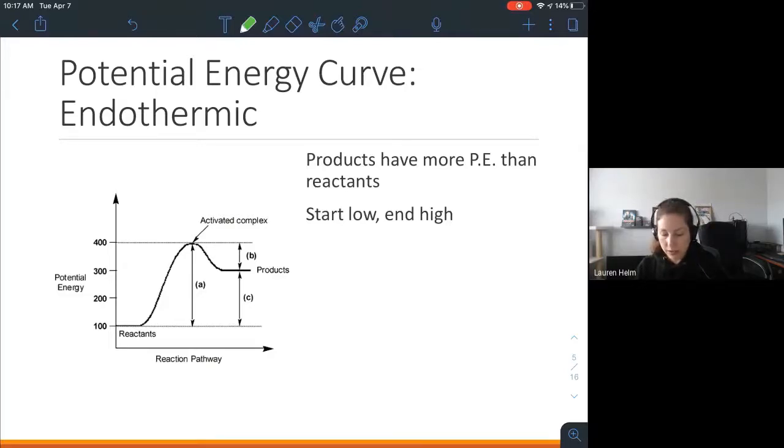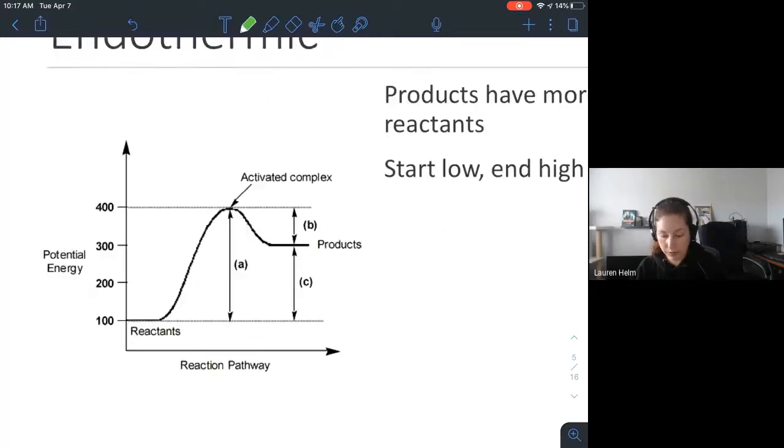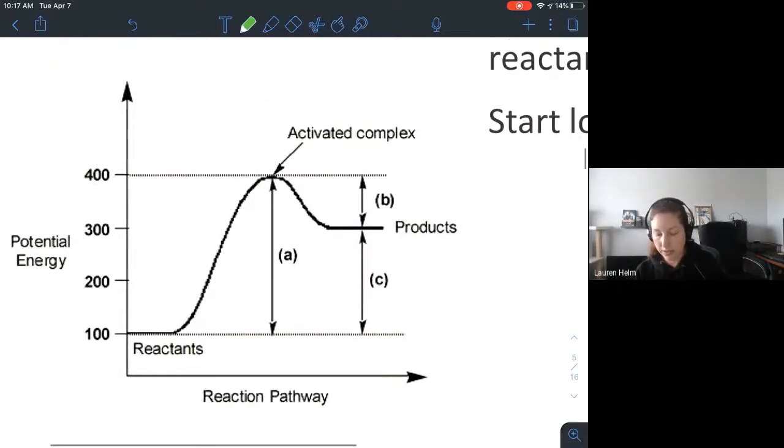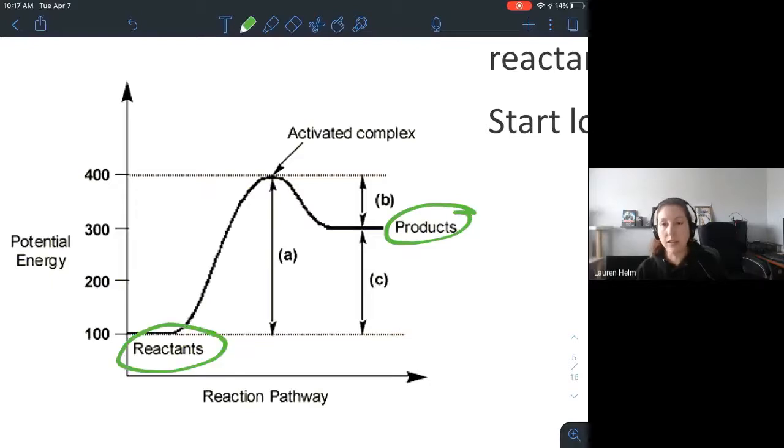So if we take a look at this graph, what you notice, or what I hope you notice, is that the products have more energy, or a higher energy, than the reactants. So our products have higher potential energy than our reactants.